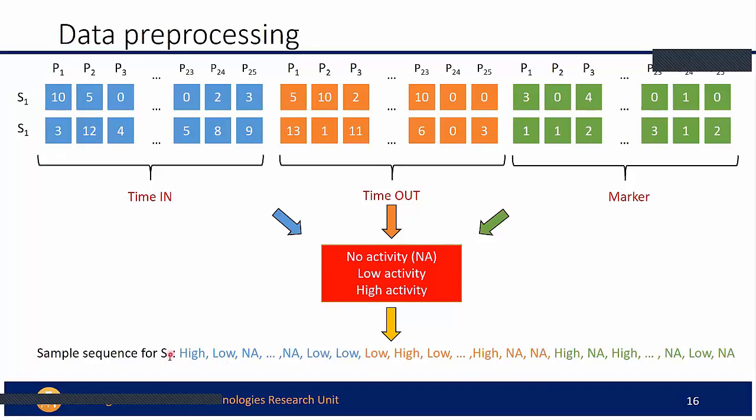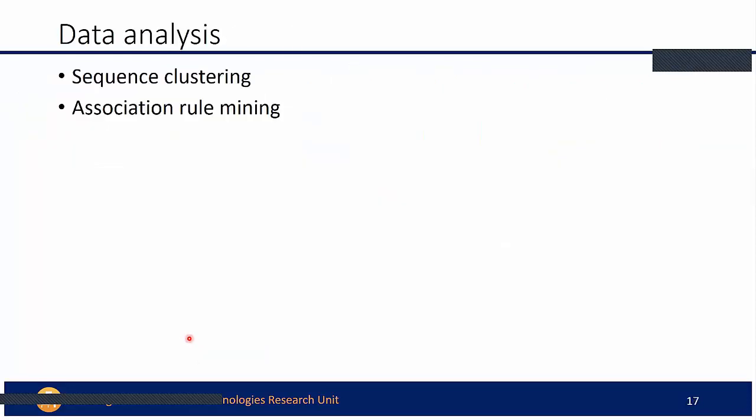For example, for student 1, it can be something like high, low, no activity, and so on. We extracted all these kinds of sequences for all students. After that, we use sequence clustering to group students based on these reading logs, and we also use association rule mining analysis to extract some rules to implement our system.